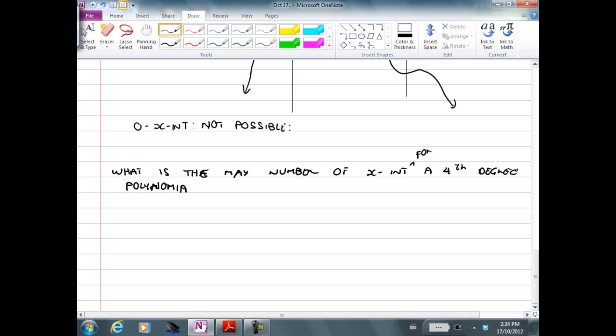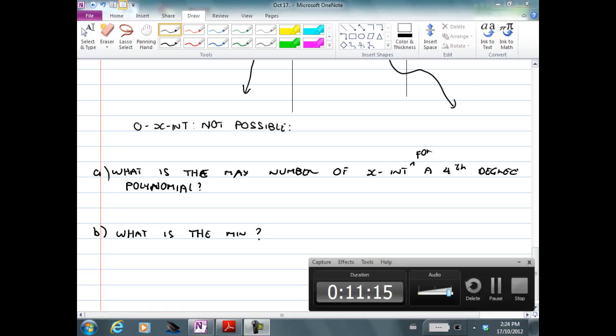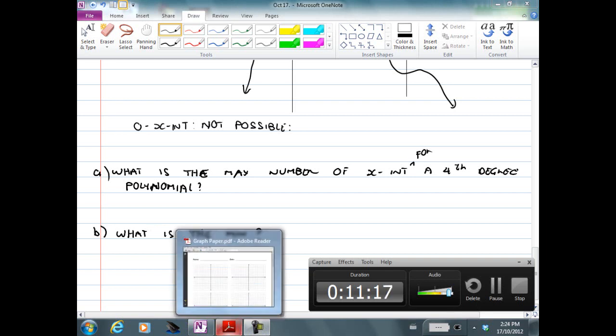B: What is the minimum number? So guys and gals, I want you to draw out both cases, one for the maximum and one for what the minimum should look like. I'm going to pause it and let you try this.